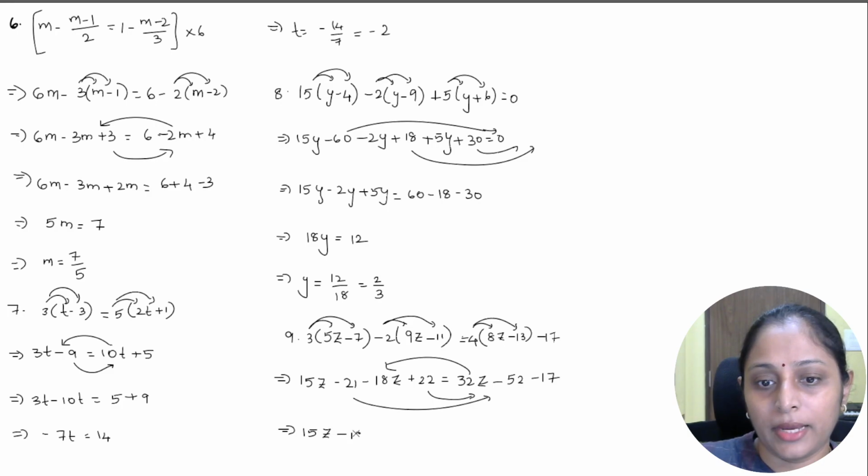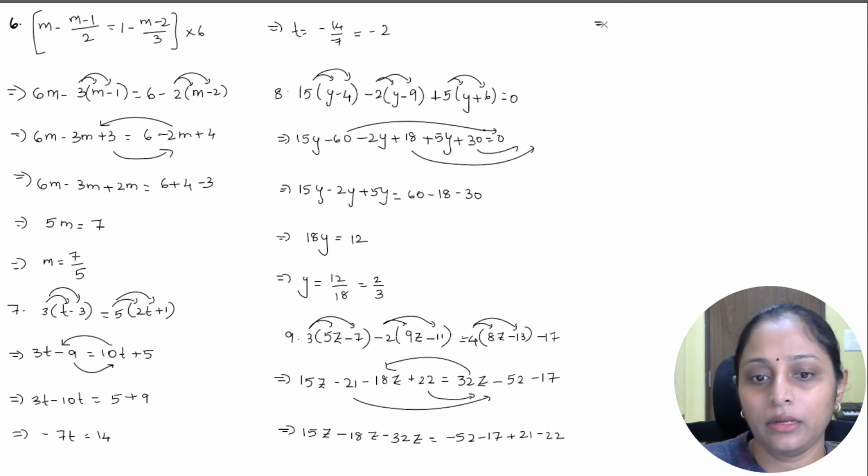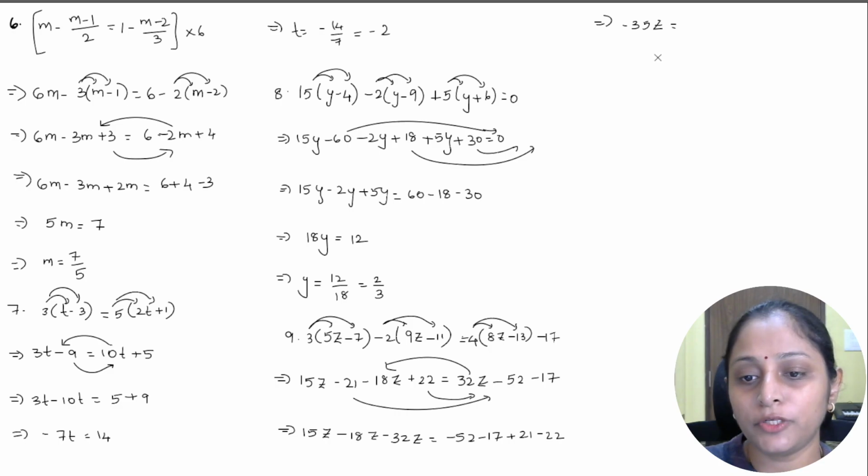15z minus 18z minus 32z is equal to minus 52 minus 17 plus 21 minus 22. Alright? Now 15 minus 18 is minus 3. Minus 3 minus 32 is minus 35, is equal to minus 52 minus 17 is minus 69.